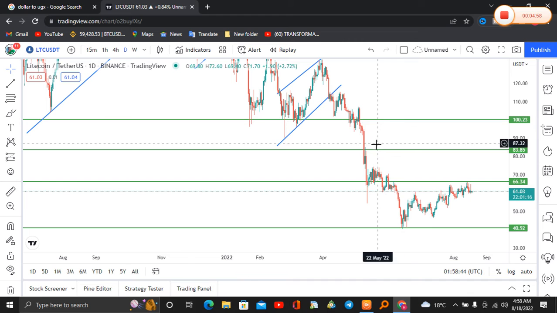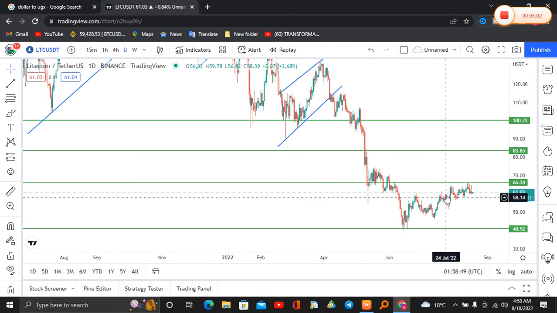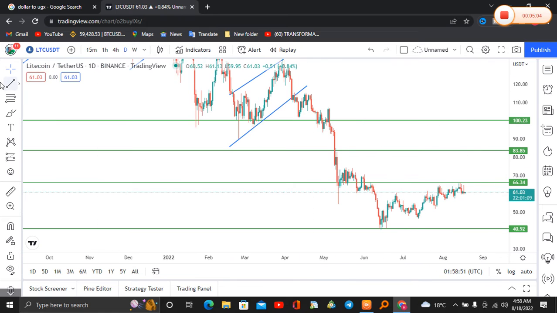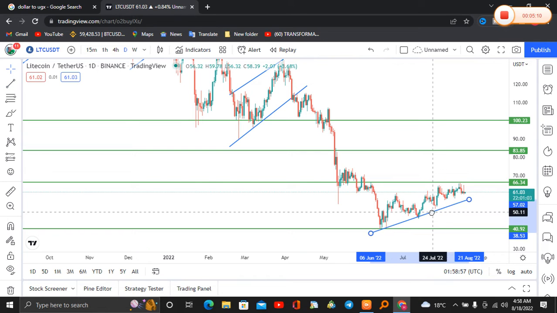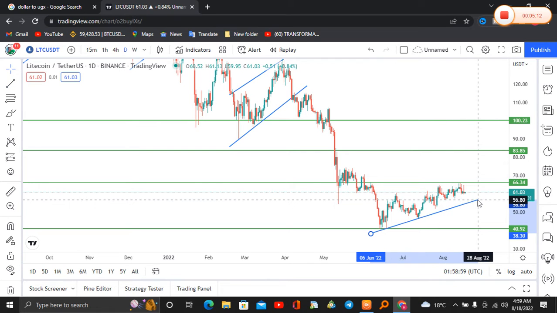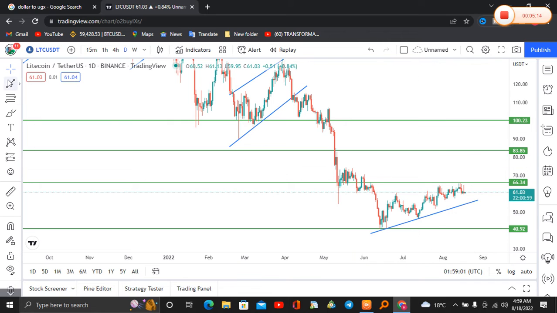When you reach here at the bottom, you can see we had a strong impulse move. Now the market is in a correction. This is our support trend line, and this is our resistance trend line.